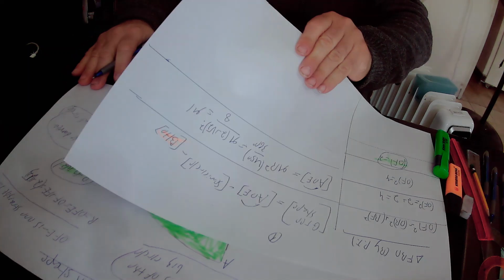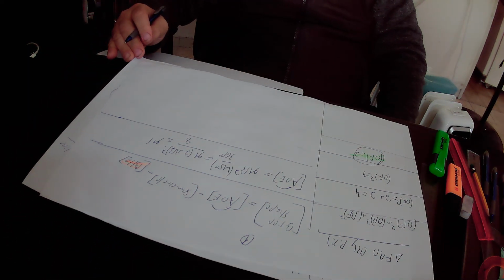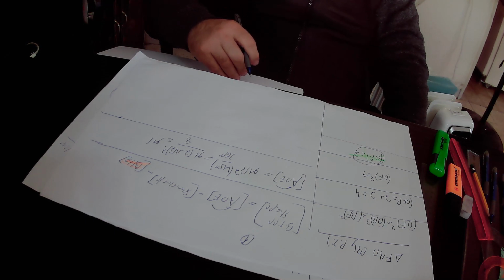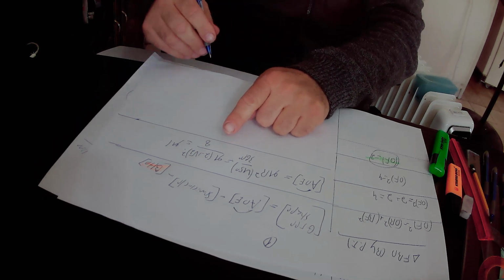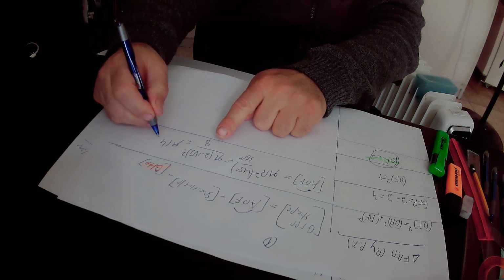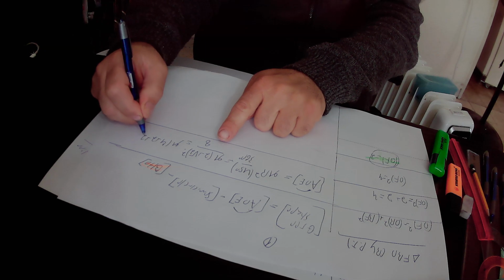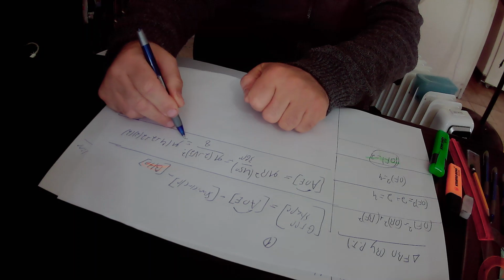What is the value of 2 plus square root of 2 squared? According to the algebraic identity that a plus b squared equals a squared plus b squared plus 2 times a and b, we get that 2 plus square root of 2 squared equals 2 squared, that is 4, plus square root of 2 squared, that is 2, plus 2 times 2 times square root of 2, divided by 8.